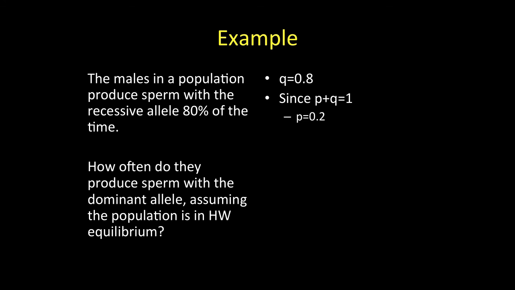If we look at what we're given, the recessive allele frequency is Q, which equals 0.8. Now, since P plus Q equals 1, P must be 0.2 because 0.2 plus 0.8 equals 1. Hopefully this is pretty straightforward.